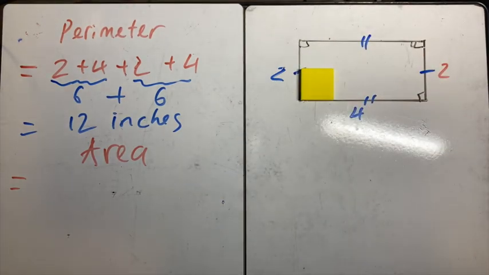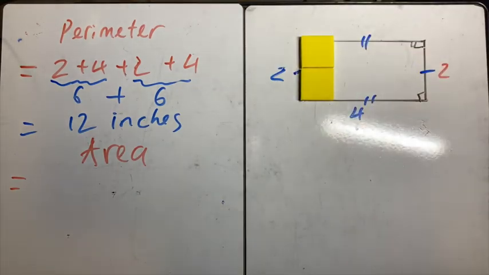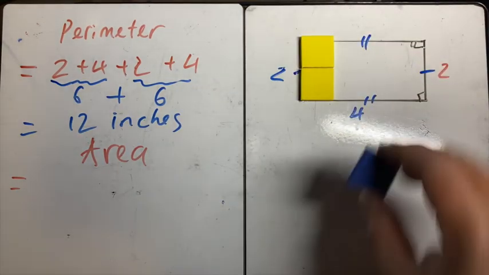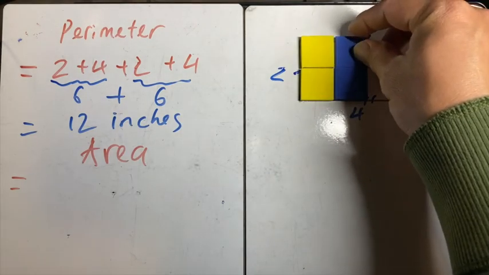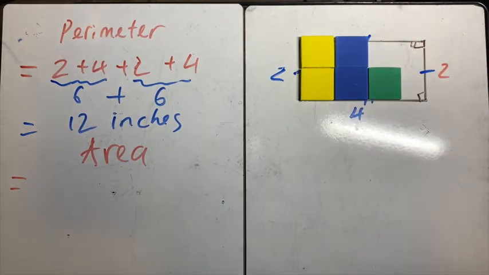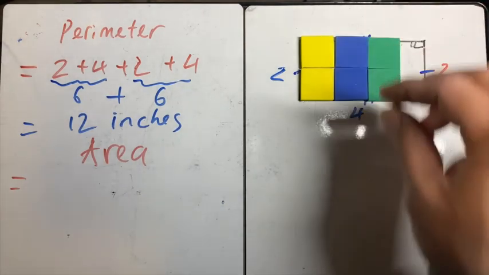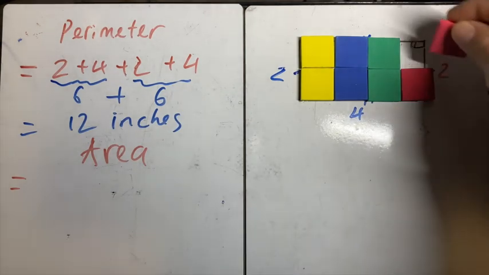So we have 1 square inch, 2 square inches, 3 square inches, 4 square inches, 5, 6, 7, and 8.